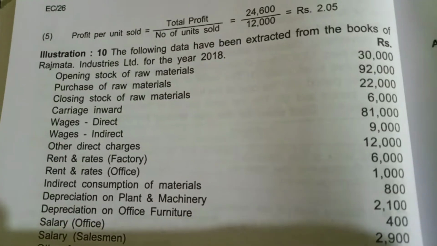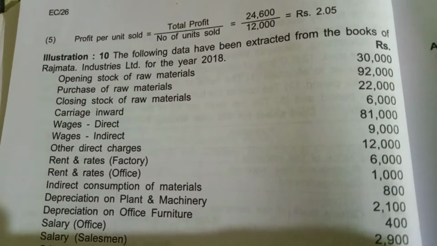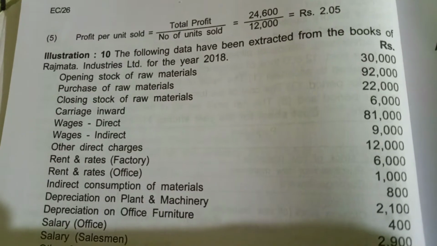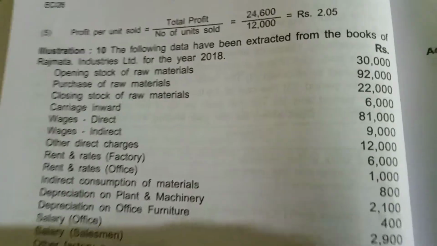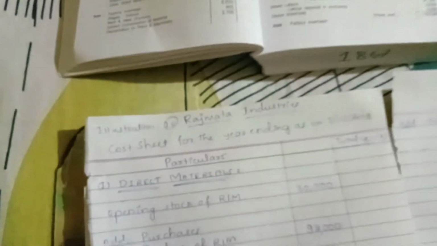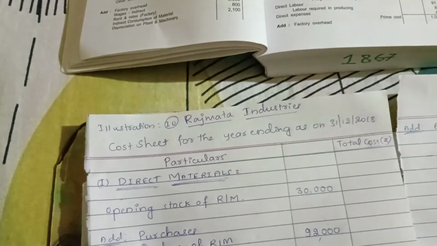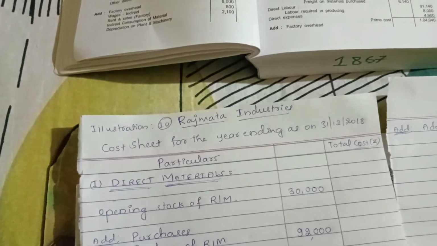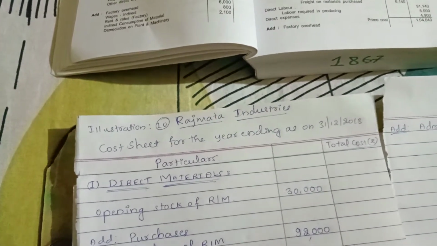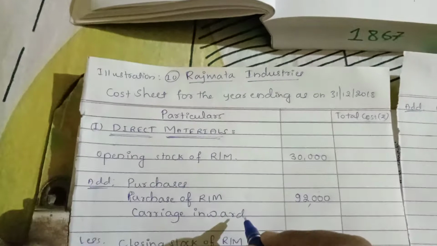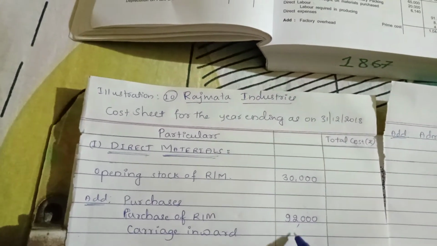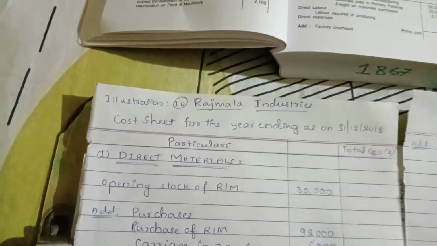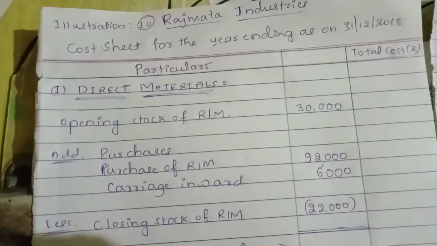It means the transportation expenses or loading and unloading charges to bring the materials, so it also falls under purchases. Below purchase of raw materials I will write carriage inward, amounting to rupees 6,000.